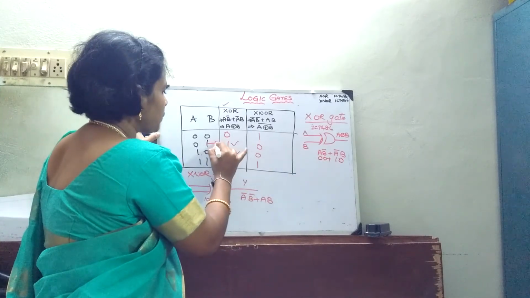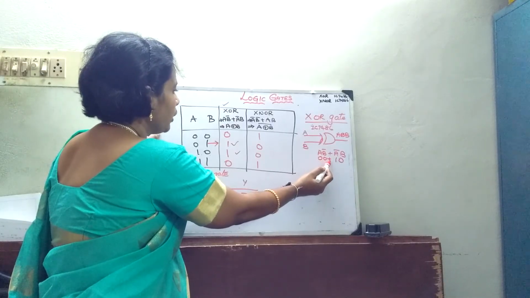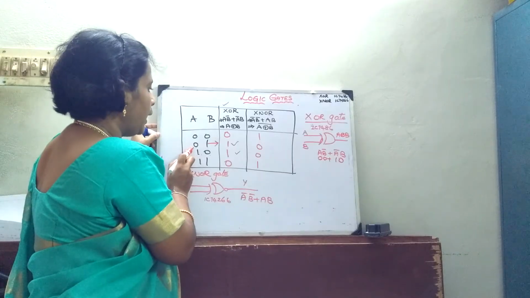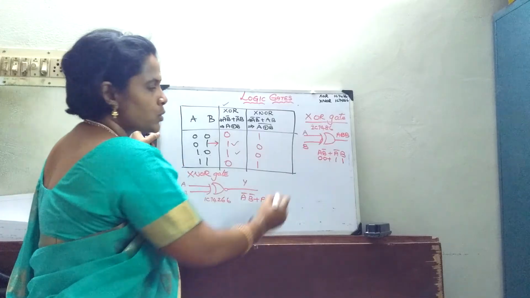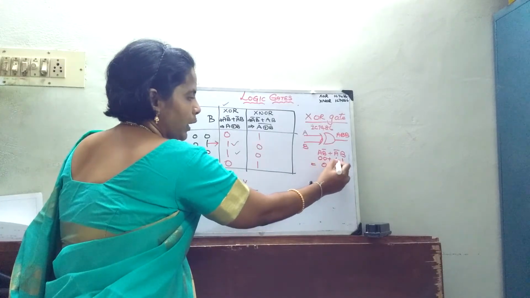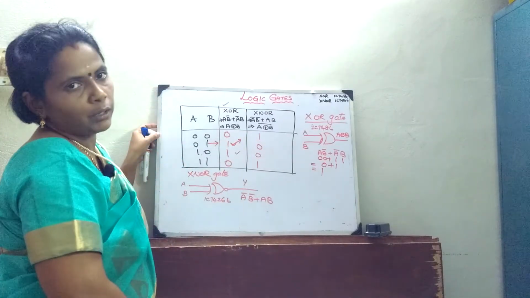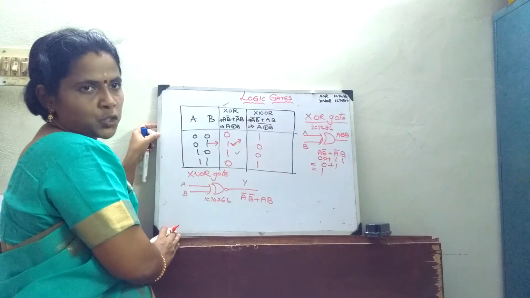So I am taking this particular condition. So B bar is 0, and here A bar is 1, and your B is 1. So it is 0 plus 1 into 1 is 1, output is 1. It is verified.